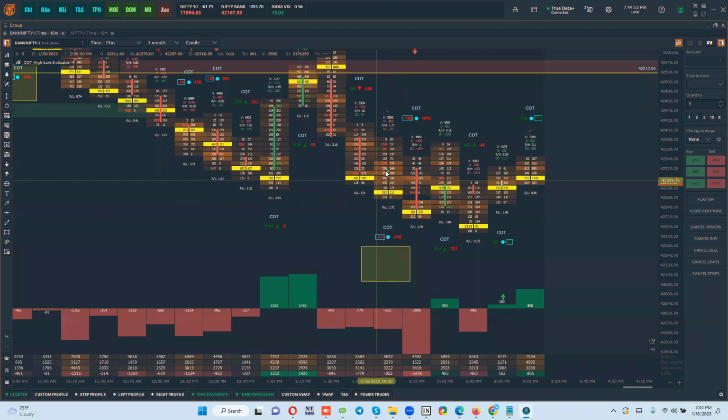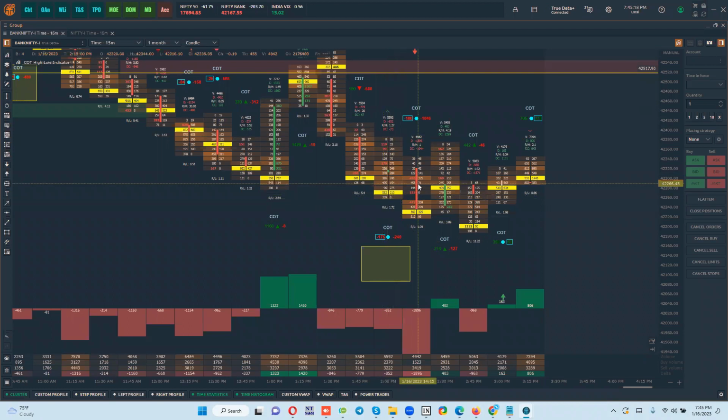If the market had closed on a positive note, we should have had more buyers from low to close as well. Whereas in this case, we see more sellers out here. And from the high also, we see more sellers out here. So they were trapped sellers at this level.